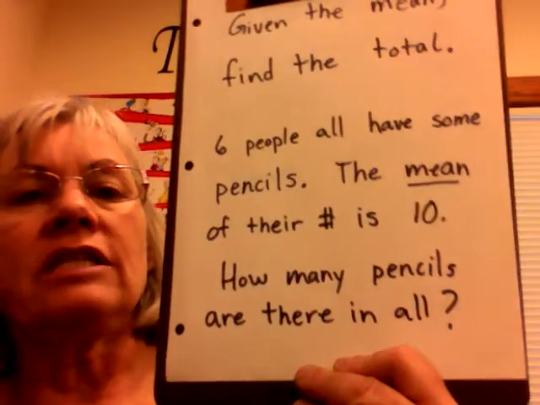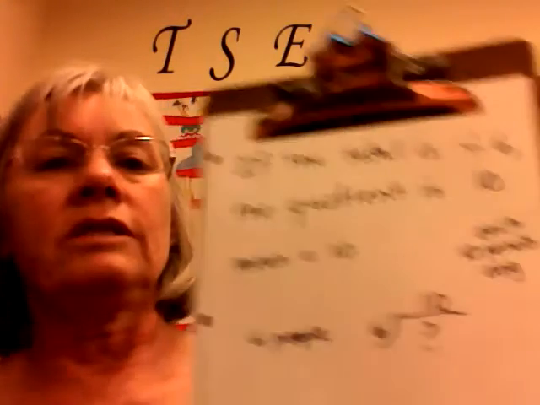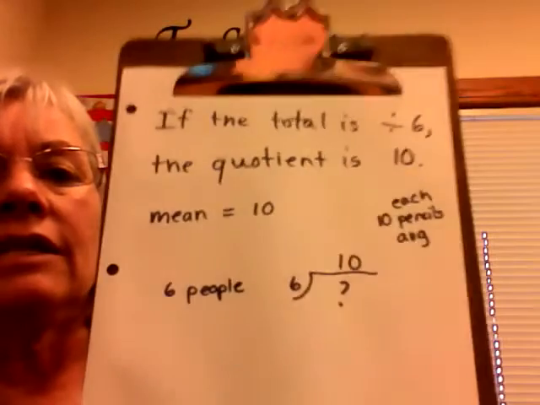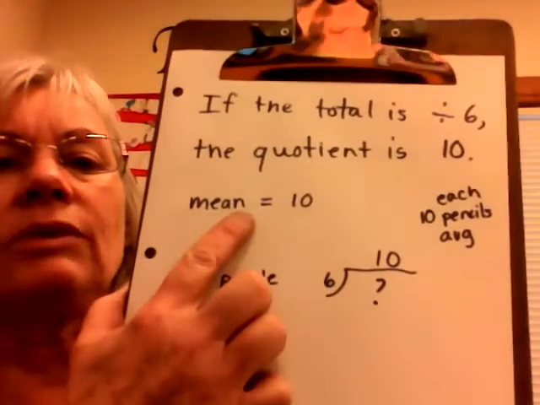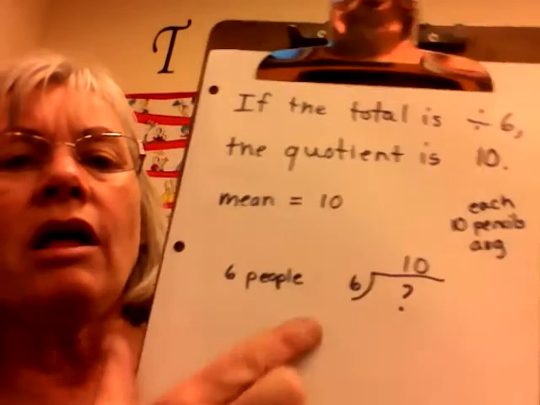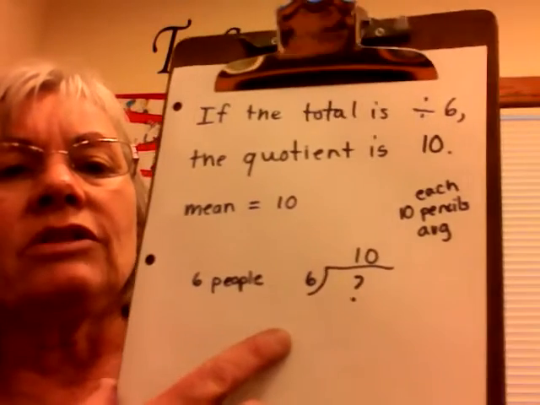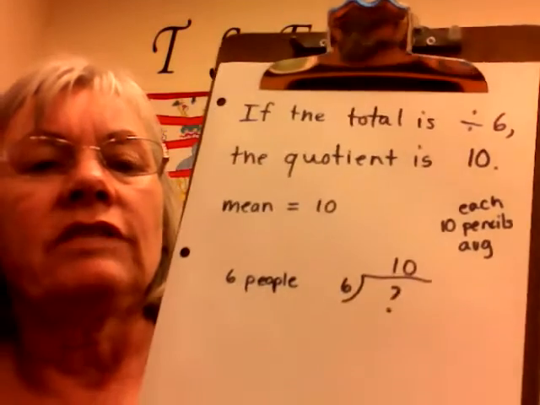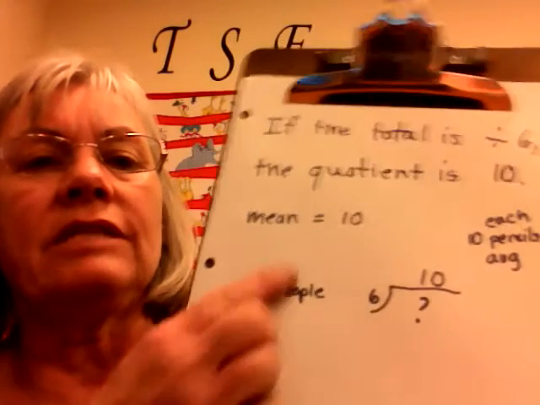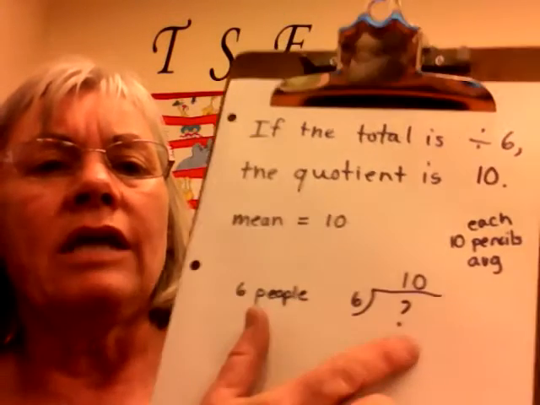So now let's find the total, given the mean. That's another thing we'll work on with some of the examples in our math text at school. Here we go. The total is divided by 6. We know that the quotient is 10 because we were told that that's what the mean is. I'm going to draw that like this with our division symbol, our little house, the front porch, and the roof. With a quotient of 10 divided into 6 equal groups, what's inside the house?